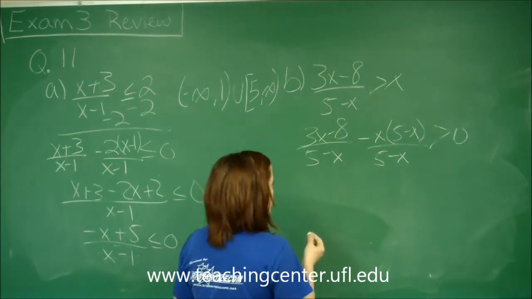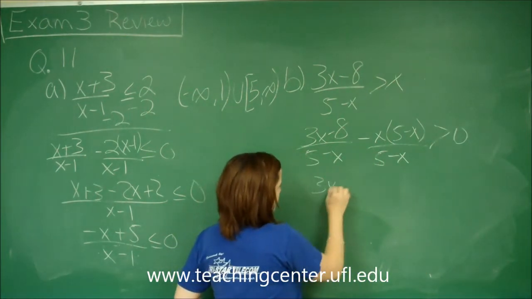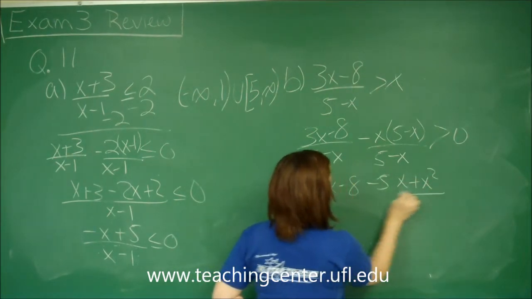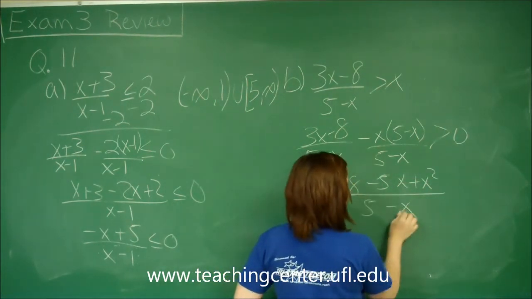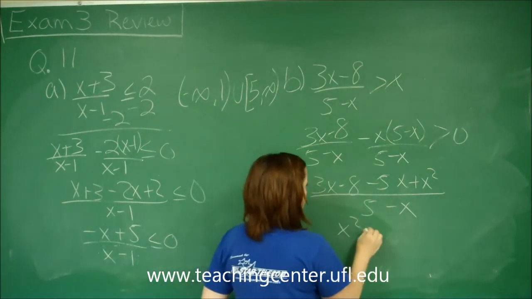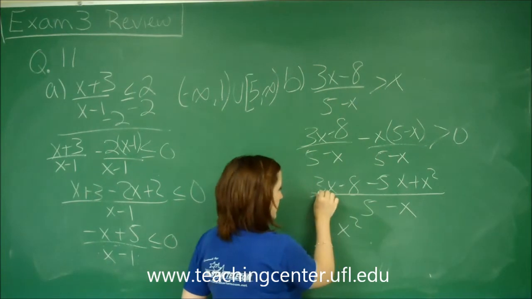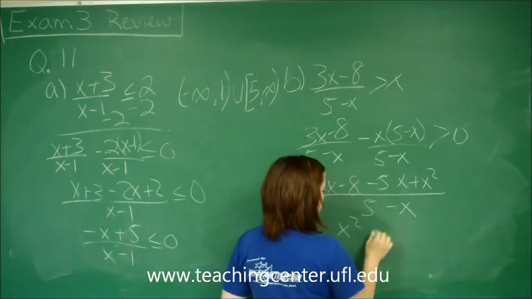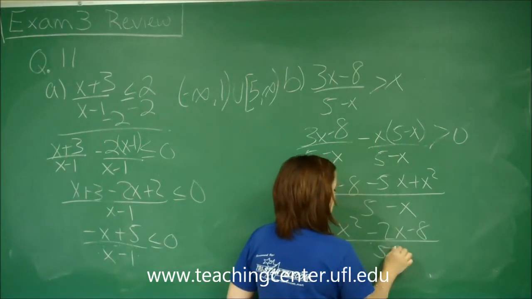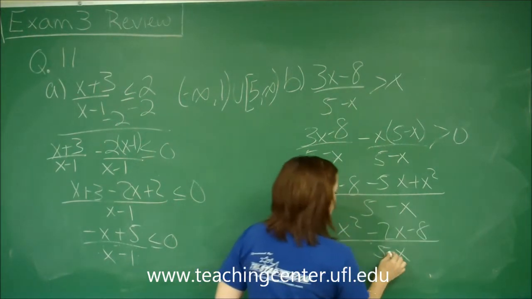So when I distribute, I get 3x - 8 - 5x + x squared all over 5 - x. So I simplify on the top and I get x squared plus 3x minus 5x, so that's minus 2x minus 8 all over 5 - x.